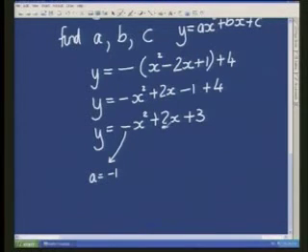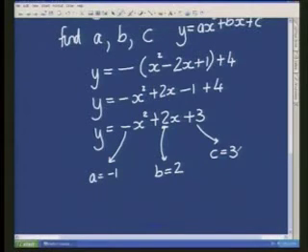This is now your b value, the coefficient of x, which is 2. And your c value is your constant at the back, which is 3. Are you happy that we've now got the values of a, b, and c? Yes, I'm happy.